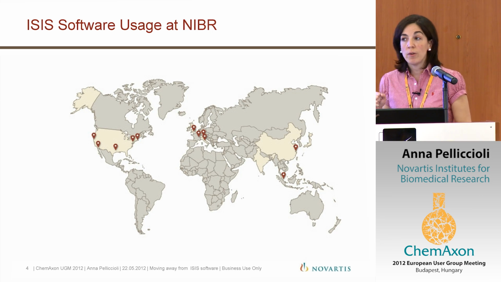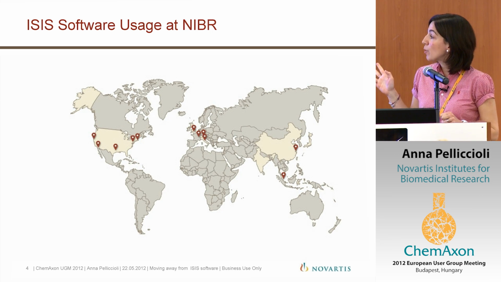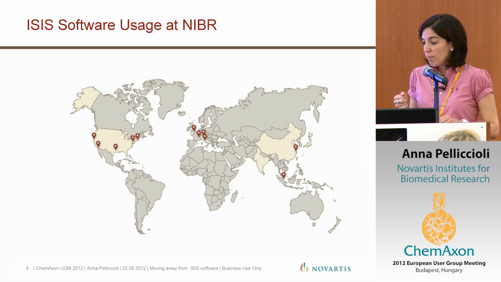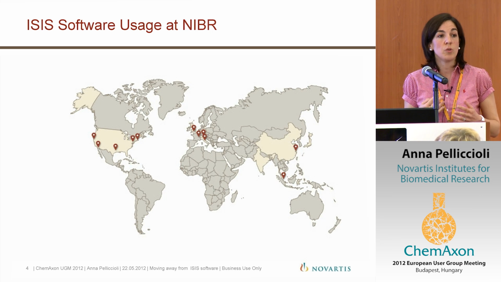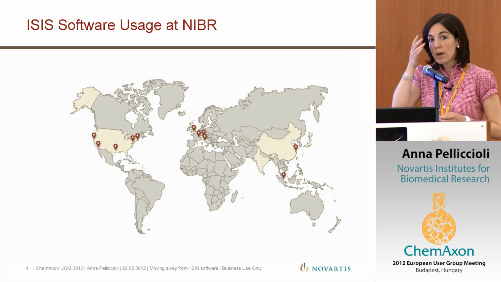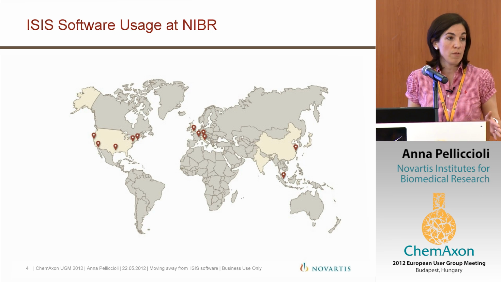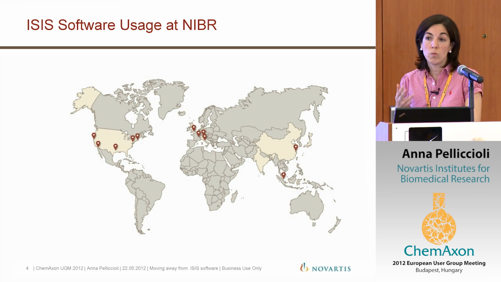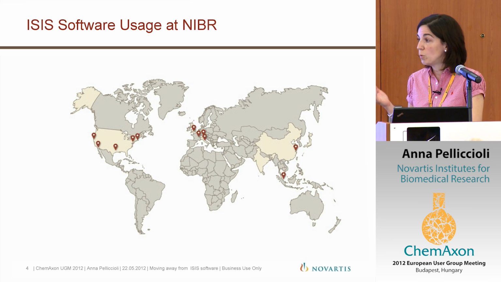Before going to the evaluation, this is NIBR, and it's just to show you, it's spread across the globe in all these different sites. And we first decided we needed to do some homework to find out who was actually still using the software and where, to make sure we could cover everybody's requirements. So we have a way to track who has installed which software.